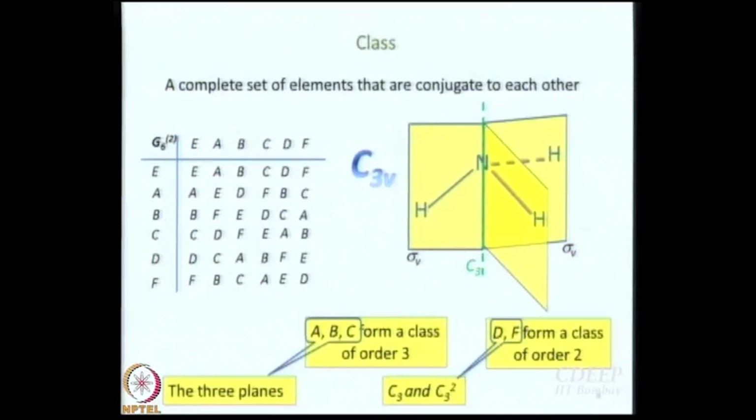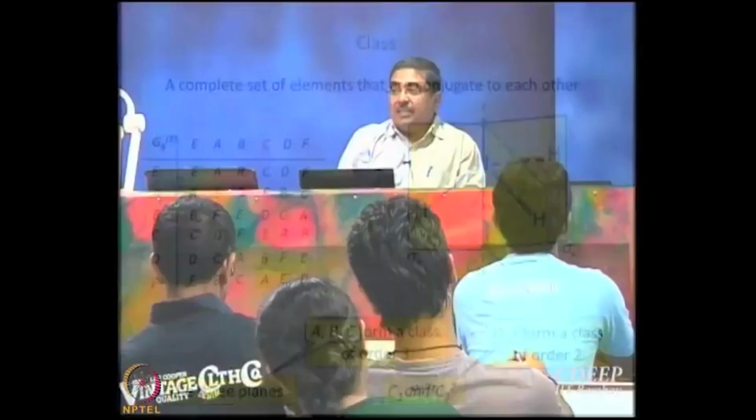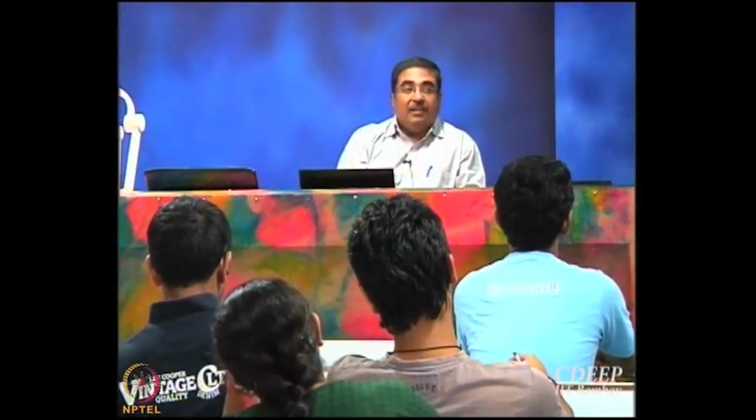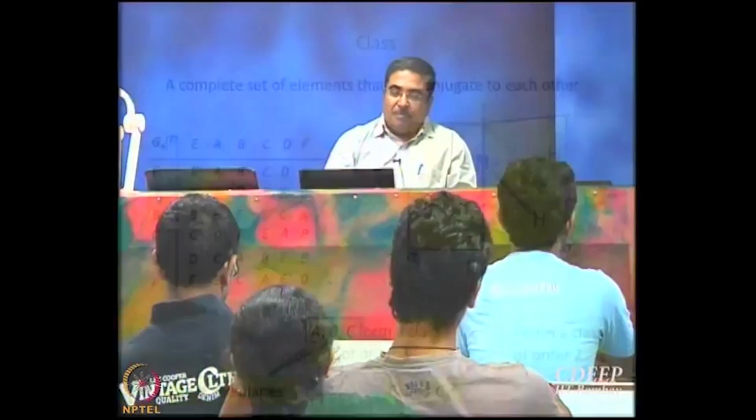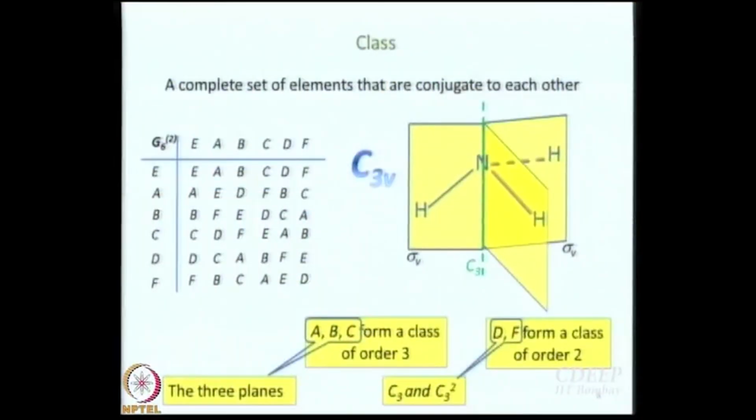So, these then are the three different ways in which you can think of a class of symmetry operations. First is, do they interchange upon some other symmetry operation, that is the simplest. Second is, when you look at the matrices and look at the character of the matrices, do they have the same character? That of course is something that we have only demonstrated, we have not proved. We have only demonstrated using one example that the operations belonging to the same class have the same character.